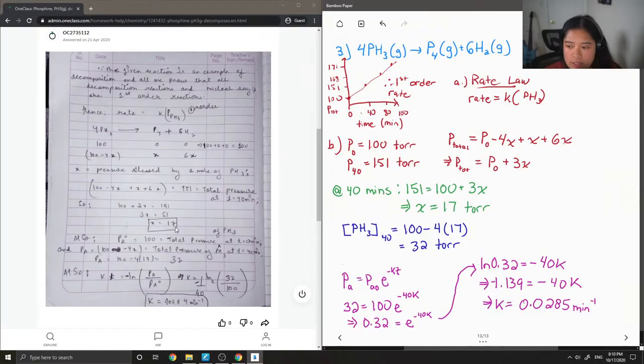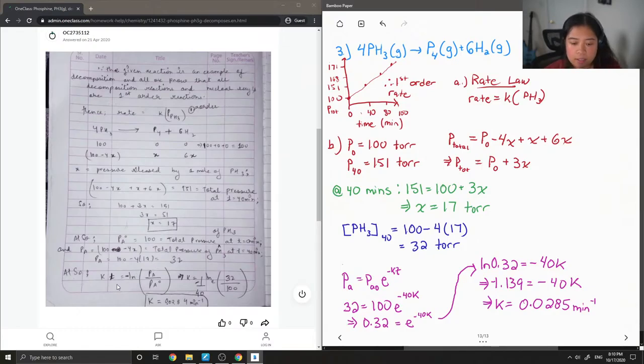They got x is equal to 17. Okay, so they calculated for the pressure. The total pressure of phosphine at t equals 40 minutes is equal to 100 minus 4 times 17, so they got 32 torr.